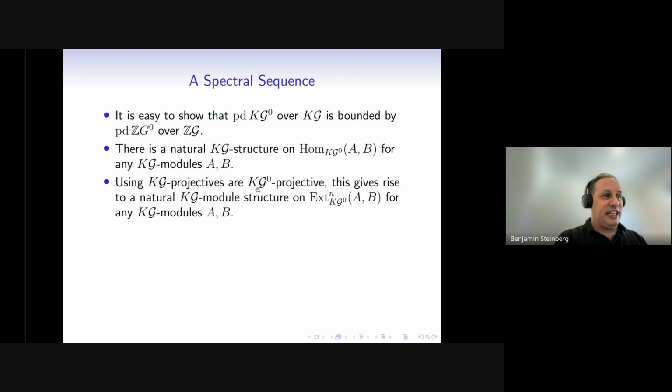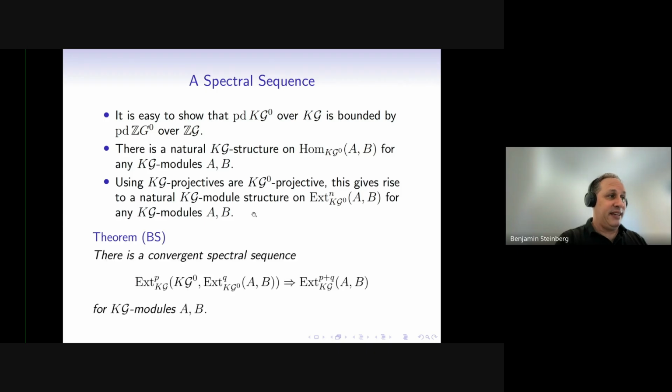And then using that KG projectives are also KG0 projective in our context, you can get a KG module structure on Ext_{KG0}(A,B) for any KG modules A and B. And then you get a convergent spectral sequence, which tells you how to compute, in theory, Ext between two modules in terms of Ext from the trivial module, which is like cohomology, into Ext over the base ring KG0 of A, B. So I think this is the kind of thing you were talking about.